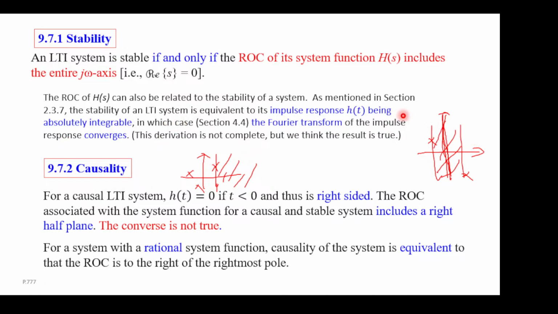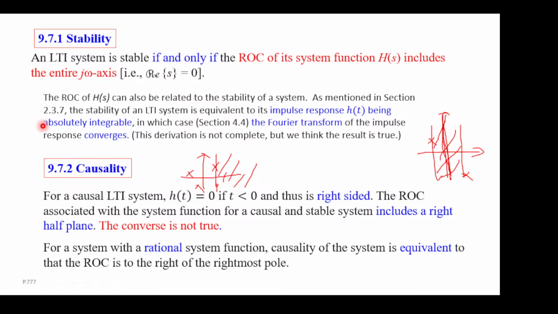I guess we don't look at the weird cases so much, and we believe that if the ROC contains the j omega axis, then your Fourier transform is very likely to converge, and that means h of t is absolutely integrable, and your system is stable.